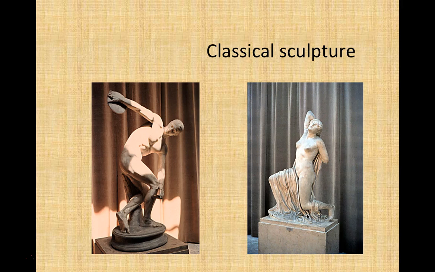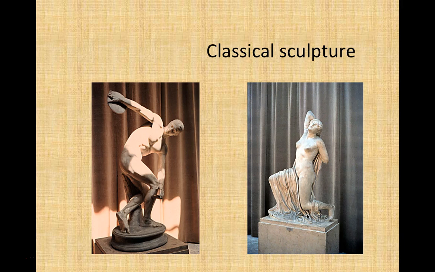To do something in marble, you actually have to have a lot of supporting pillars and things like that, because especially if you're trying to produce a human being, humans have legs that are rather skinny, and so there's not enough material there to support the weight of the sculpture. So there's a reason that the discus thrower is leaned up against a tree or a pillar or something like that. That's not because they actually threw the discus that way. It's simply the expediency of producing a sculpture like this.